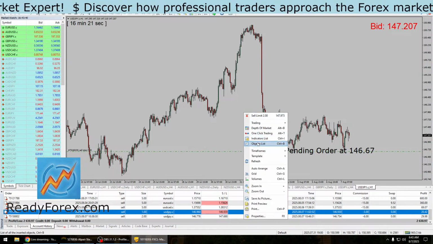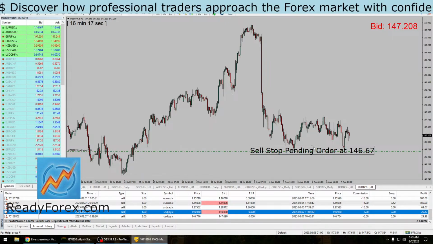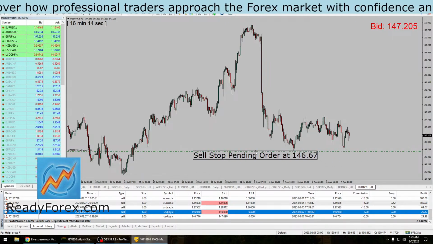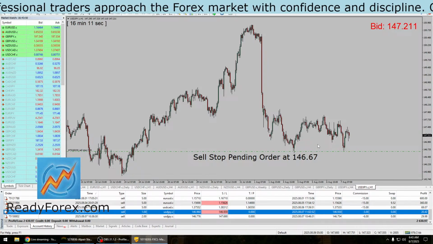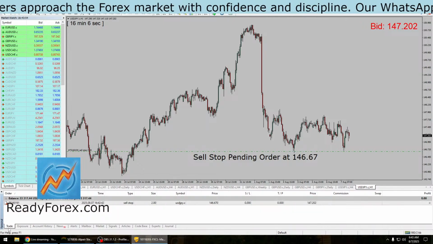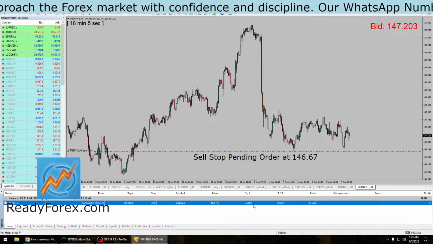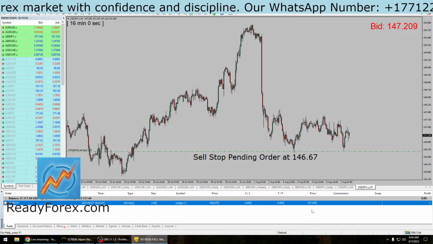So I'm looking to re-enter USDJPY, US dollar versus Japanese yen currency pair. Currently the trade is not open. I'm not inside the market, I'm outside. Okay, so here's the pending order down over here, 146.67.